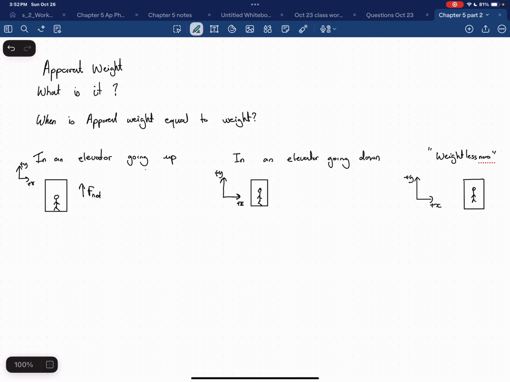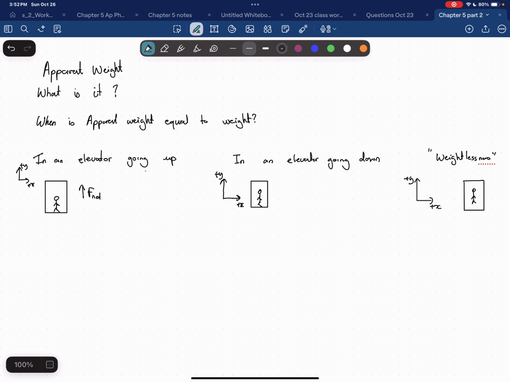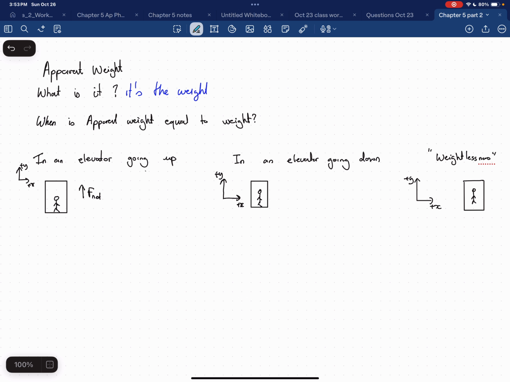Apparent weight. What is it? Well, if you remember from last class, I'm going to speed through this section. It's the weight we feel. The formal definition would be the magnitude of contact forces supporting the object.